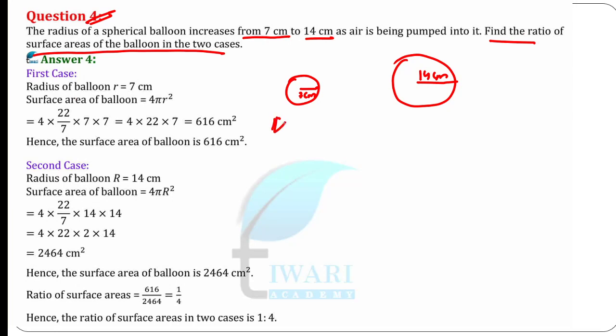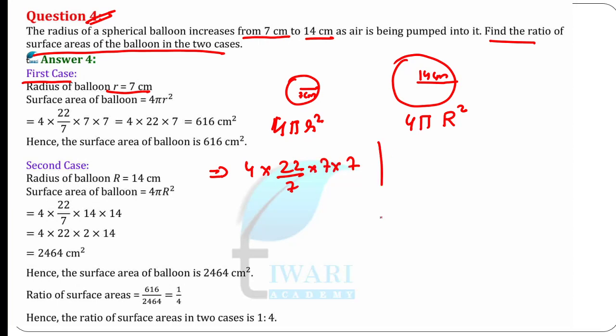In the first case the surface area is 4 pi r square. In the second case the surface area is 4 pi capital R square, because the radius is different in both cases. So we have to calculate the ratio here. In the first case we will use the radius 7 centimeters, so 4 into pi, which is 22/7, into 7 into 7. In the second case the radius is 14, so 14 multiplied by 14.